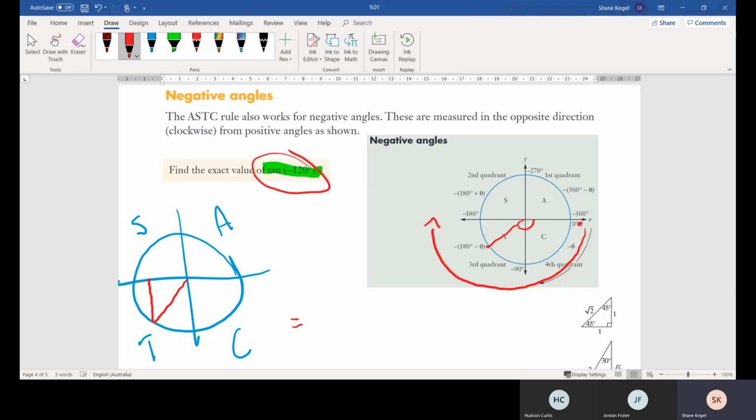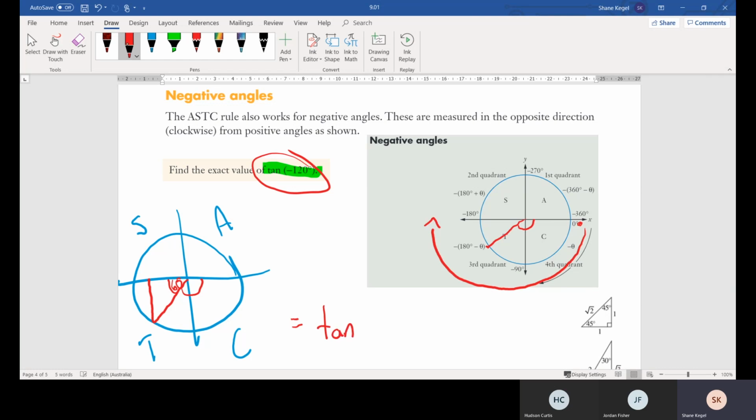So I don't have to add my negative. But what I do have to do is work out what my angle in here is. So this was 120. I'll do my 180, take my 120, which will give 60 degrees in here.